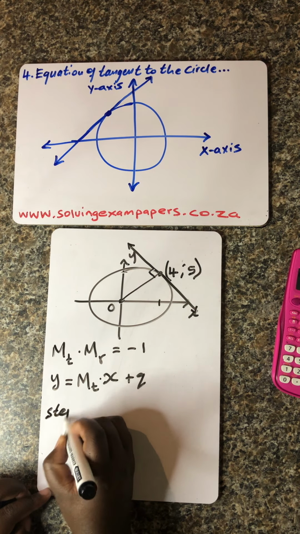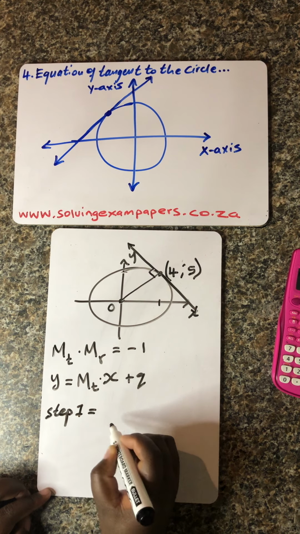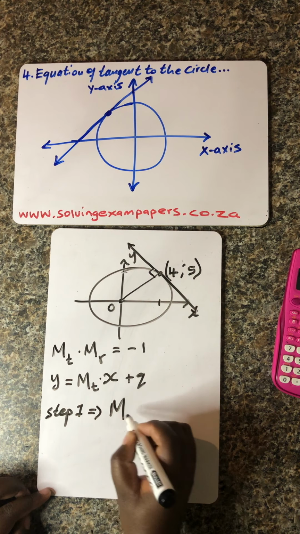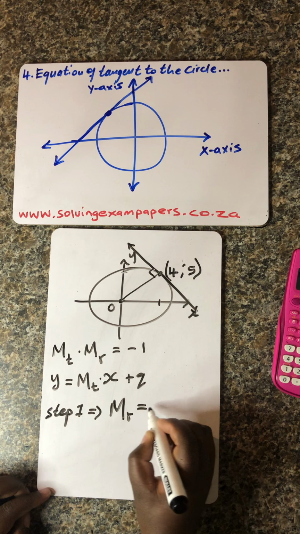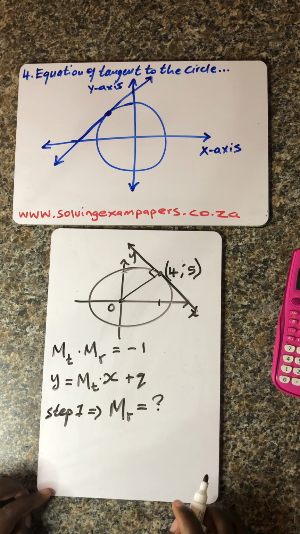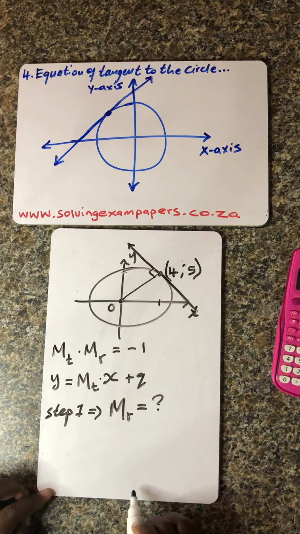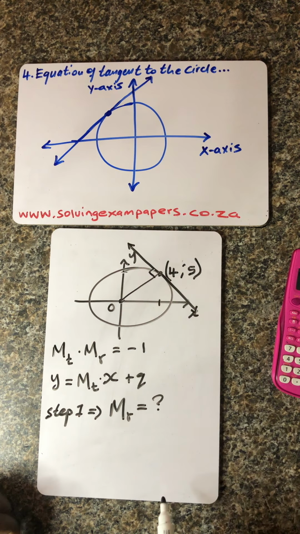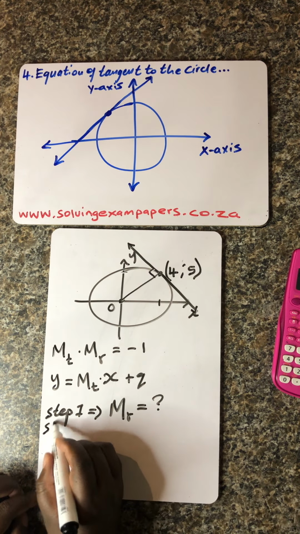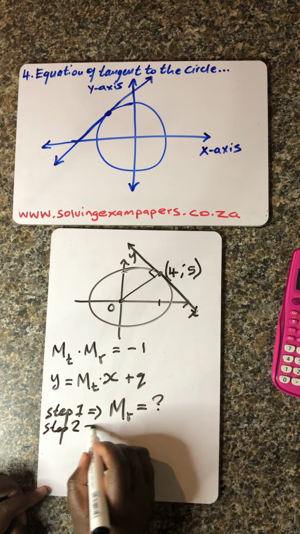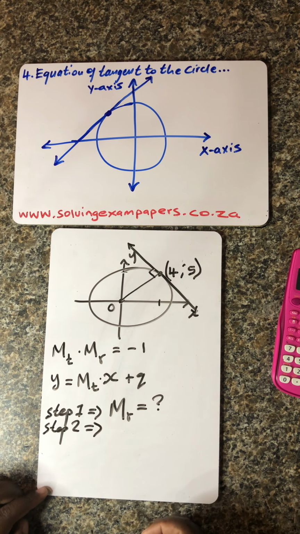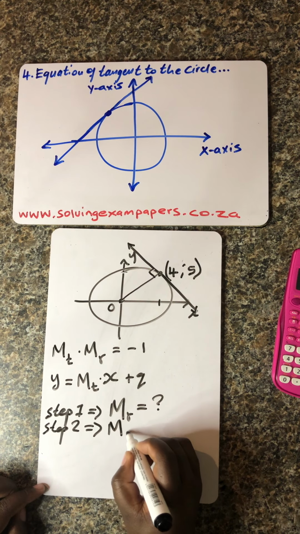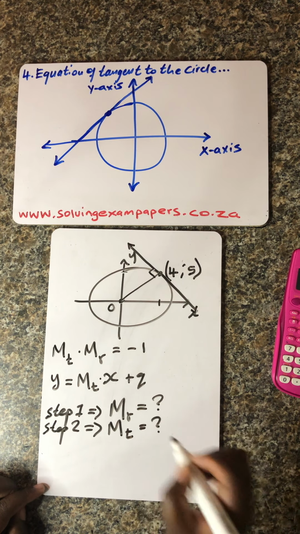Let's say step number 1, you determine m of the radius. That's what you calculate. As soon as you get the gradient of that radius, let's say this is your step 2, ladies and gentlemen. Remember, this is your homework. So your step 2 will be to calculate m of t.